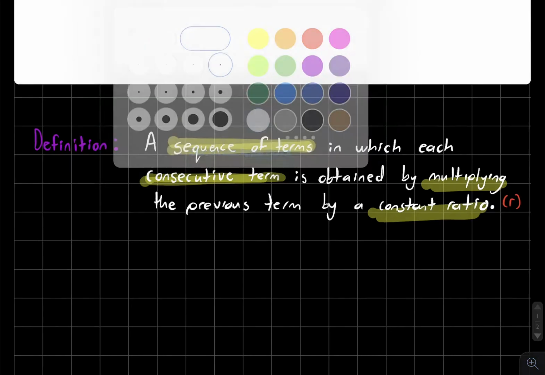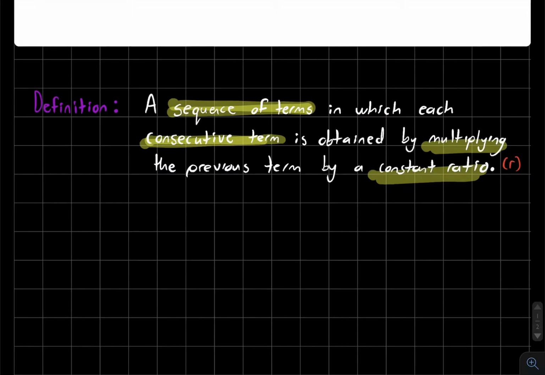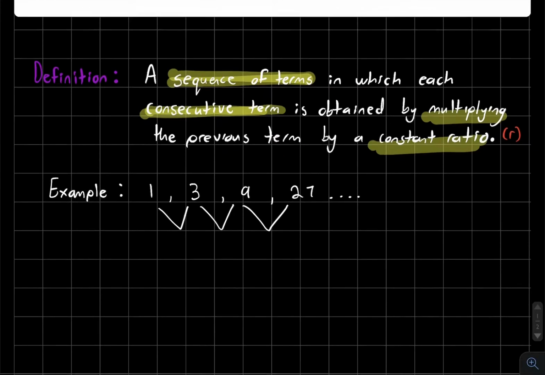So let's solidify this with an example. Let's say we have a sequence 1, 3, 9, 27, and so on. What you'll see is that there's a common ratio between all of these terms.